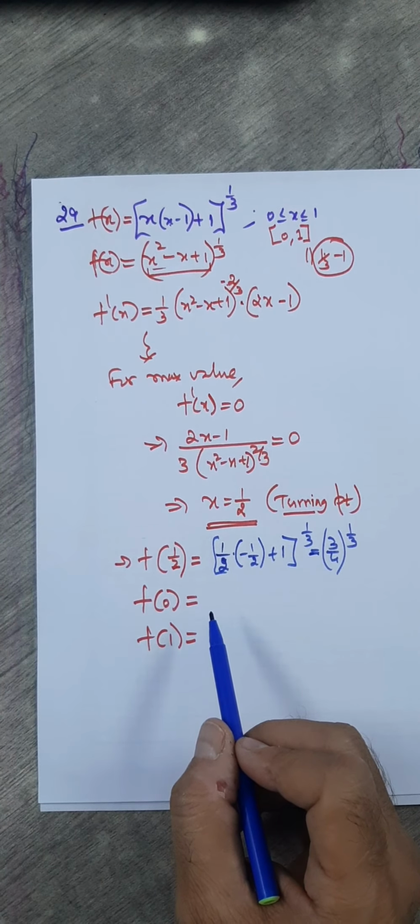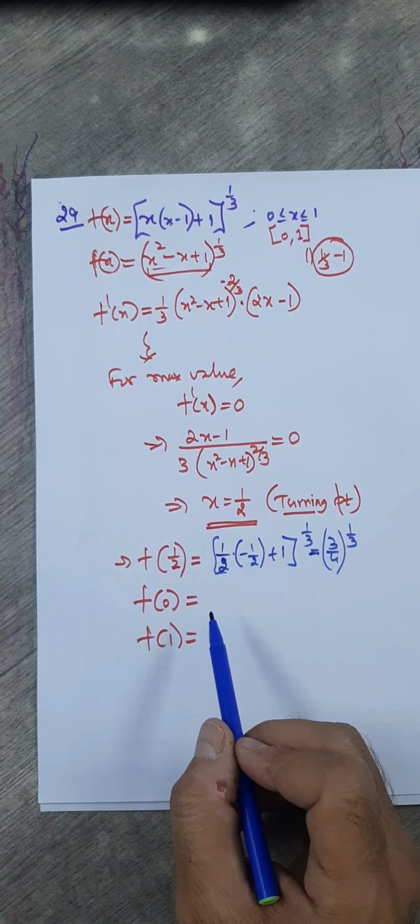Okay. Then we'll put 0. If I put 0 here, this is just 1 raised to 1 by 3, which is 1. Okay. And finally, what you are going to put? 1 here. 0 and 1. The domain is the closed interval. Such questions you had earlier. So if I put 1 there, 1 minus 1 is 0, again plus 1. So you have 1 raised to 1 by 3, which is 1.